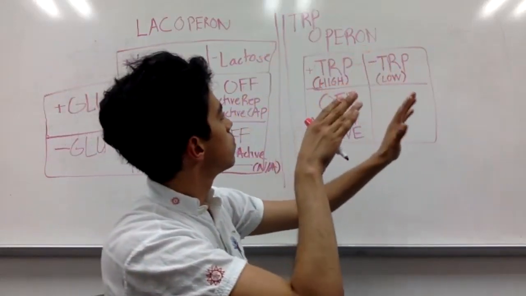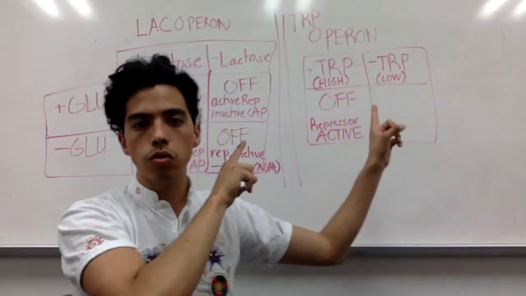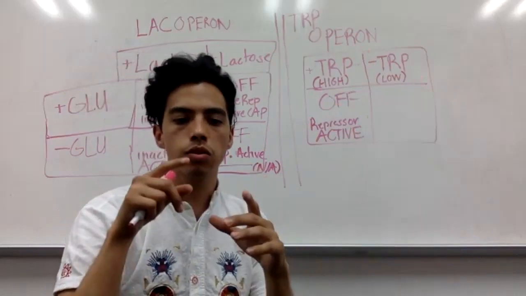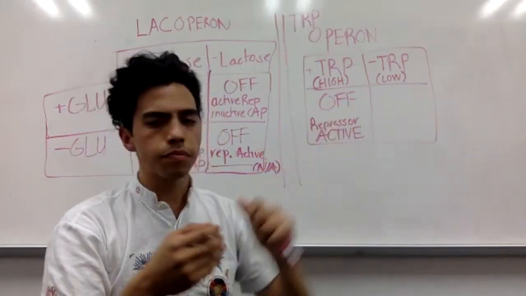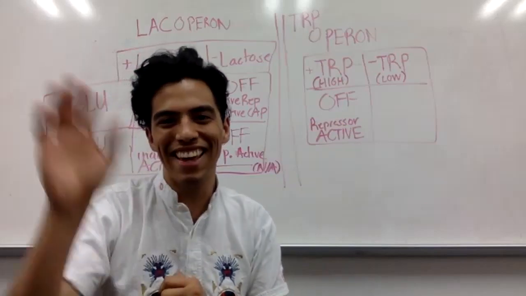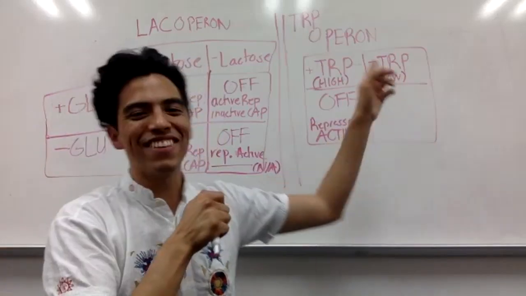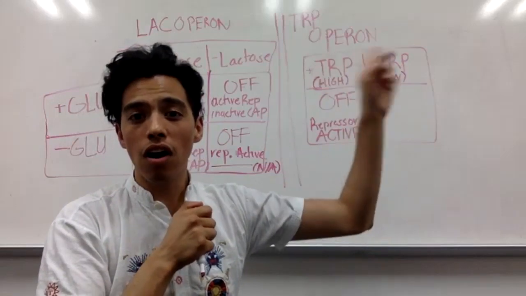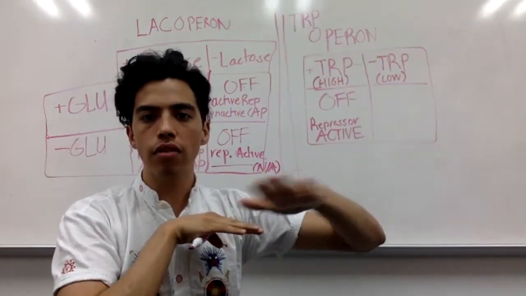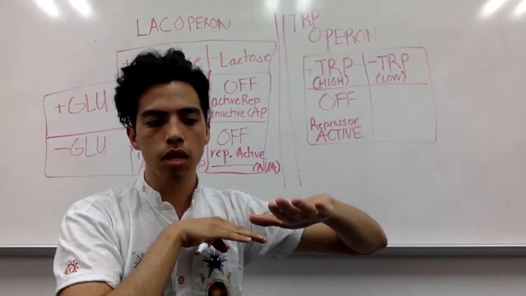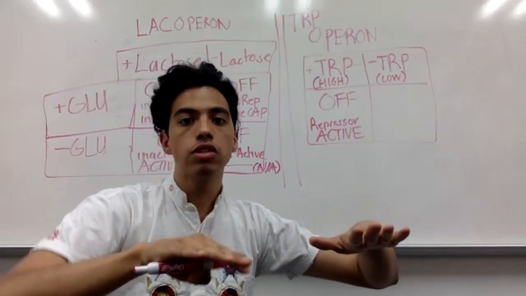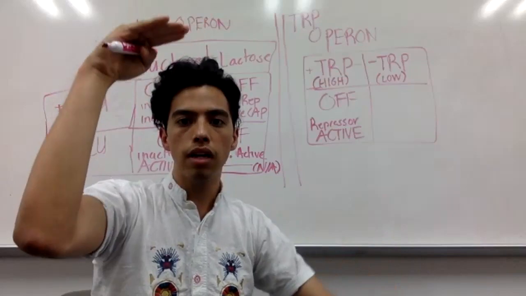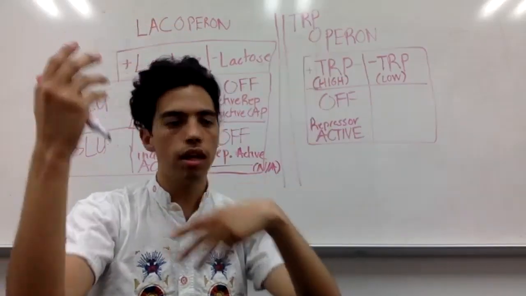When there's low tryptophan concentration, you want the operon to be on, because you want to use that operon to create more tryptophan, since you might need tryptophan to create proteins and all that other stuff.